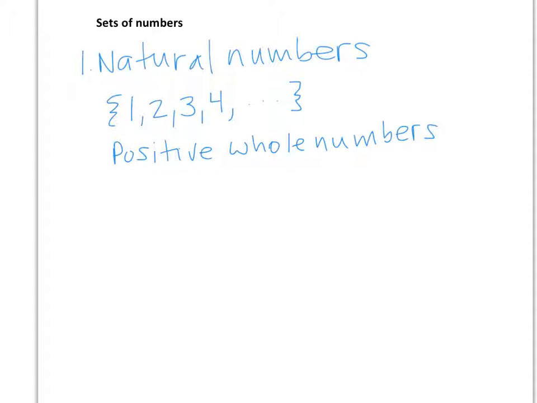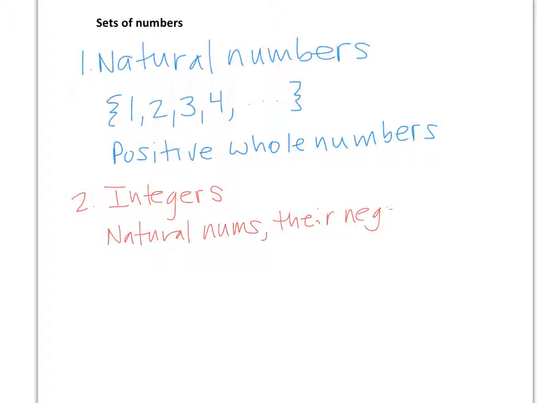Okay, the second set of numbers is integers. Integers include natural numbers, their negatives, and one more number, 0.